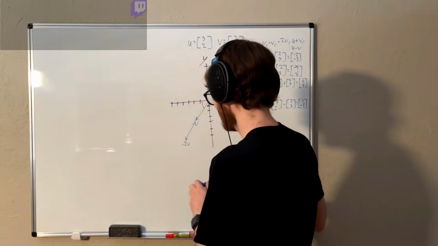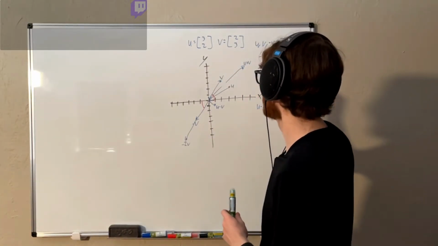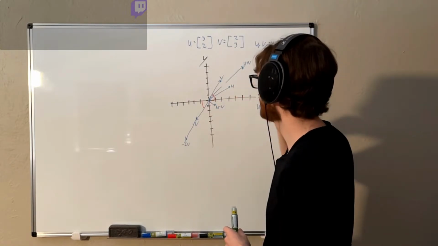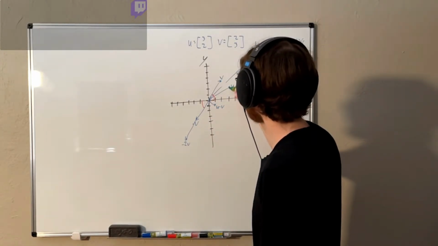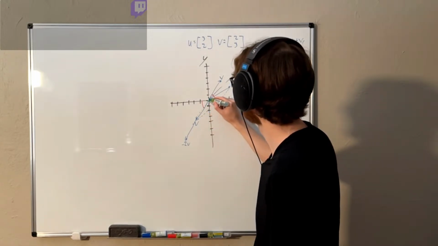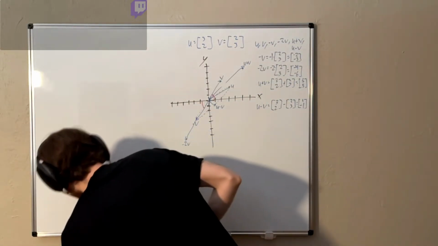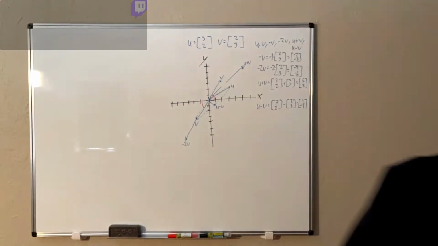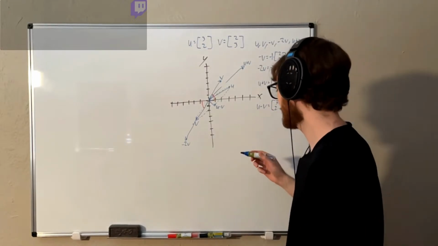Okay. The parallelogram that you actually get, the vertices are 0, u minus v, and minus v. And the reason that we know that is, let's talk about vector addition first.